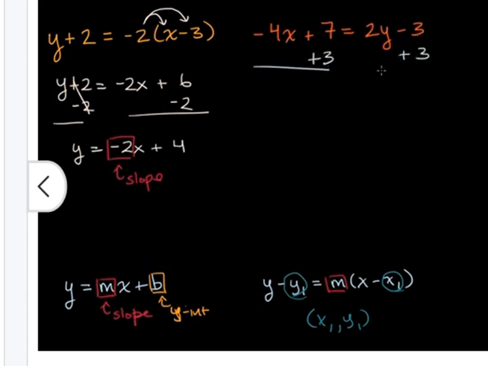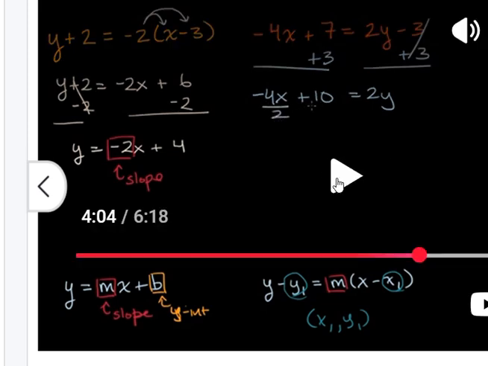So if we add 3 to both sides, on the left-hand side, we have negative 4x plus 10 is equal to 2y. These cancel out. That was the whole point. And now to solve for y, we just have to divide both sides by 2. So if you wonder, why can he add 3?